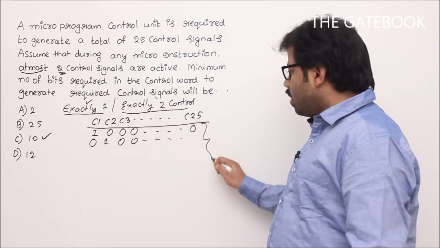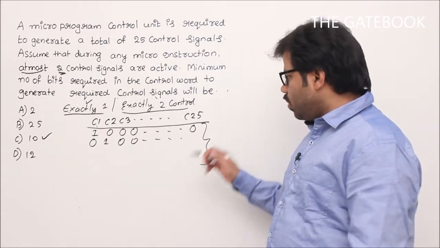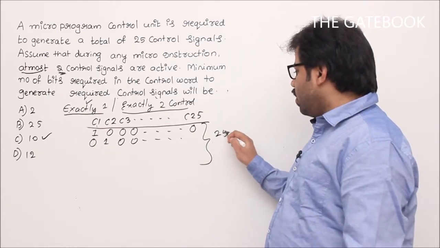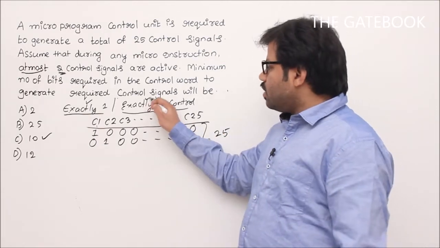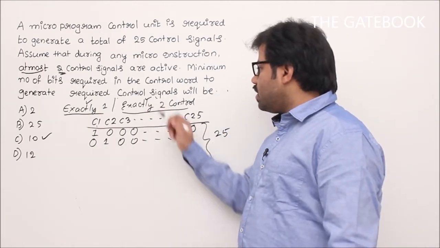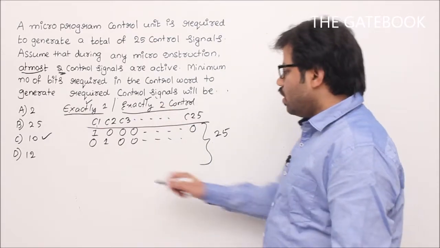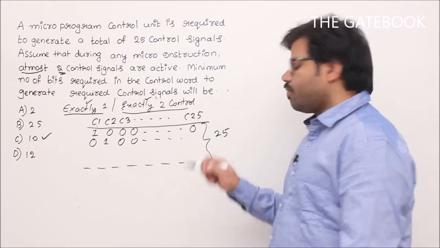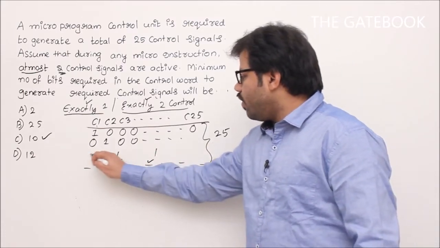So how many patterns are possible? The number of patterns where exactly one control signal is active is 25, correct? Now how many binary patterns represent exactly two control signals active? Simple. There are 25 positions. Take two positions and write ones, and everywhere else write zeros.